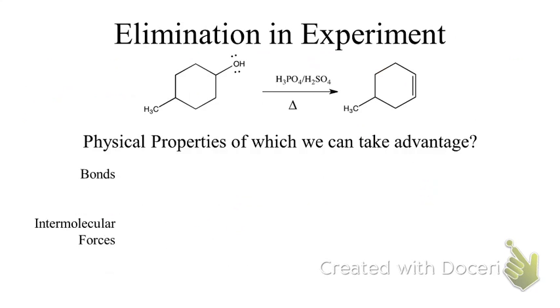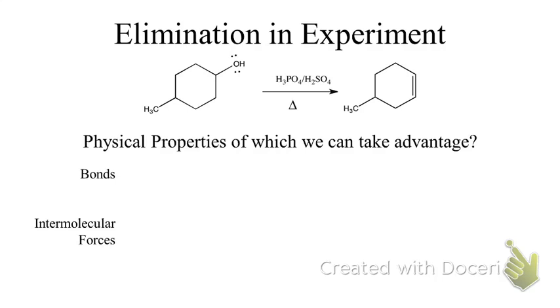Are there any physical properties that we could take advantage of within this? Well, of course there are. That's why I asked. Okay? So what types of bonds are there in our starting material? Single. That's good. I don't like single. Go with something else. Are there any ionic bonds? Careful.